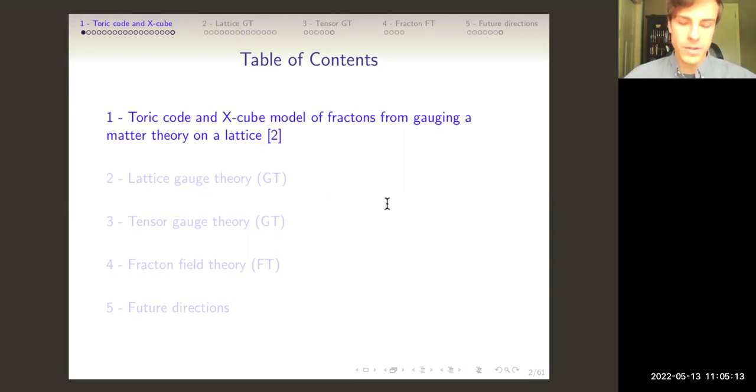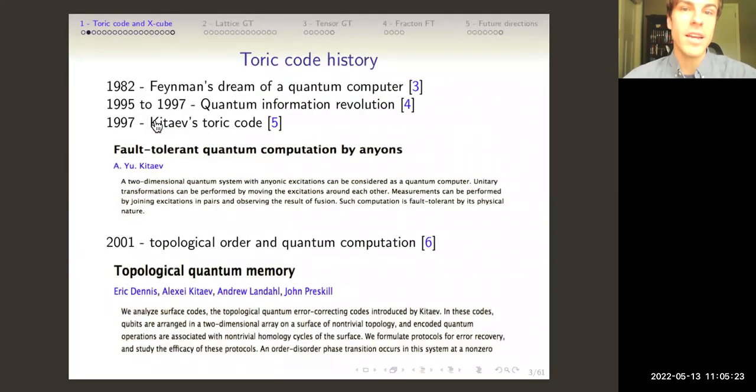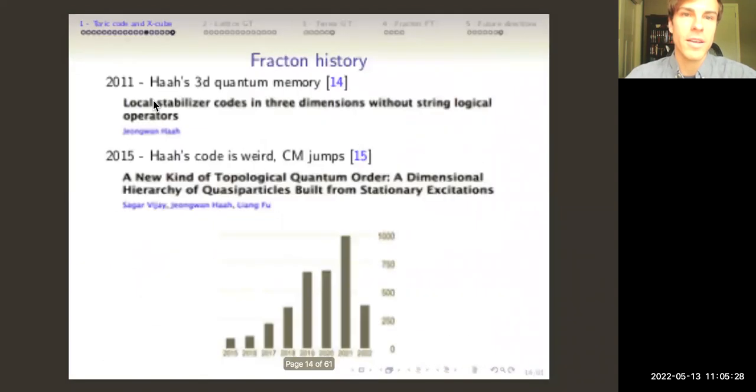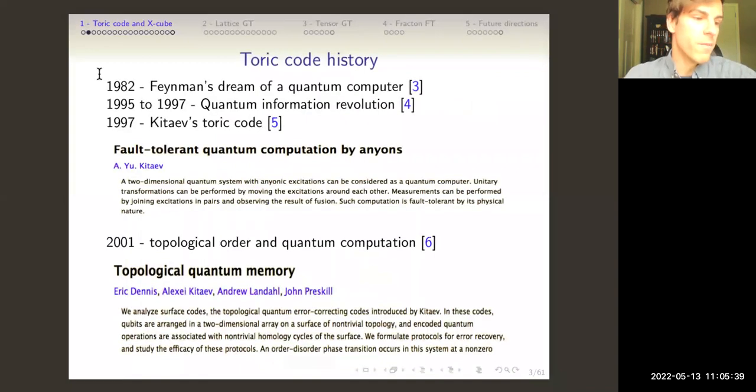So the first thing we're going to do is talk about the motivation for the work and how it was originally uncovered. And the best place to start with that is actually the toric code, because the history of the toric code very much feeds into the history of the X-cube model, in the sense that the fractons more generally were conceived in the same spirit, going off of Feynman's original dream for a quantum computer and the second quantum revolution that came in the late 90s with regards to quantum computing.